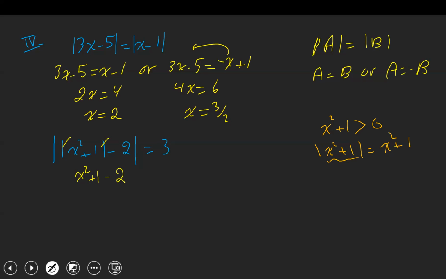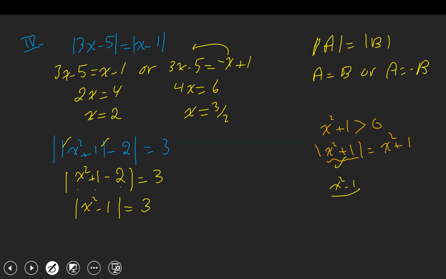Minus 2, but there is still the outer absolute, equal to 3. Now x squared plus 1 minus 2, 1 minus 2, we get x squared minus 1, absolute equal to 3. Now this absolute cannot be removed like we did here. X squared plus 1 is always positive, but x squared minus 1 is not always positive.